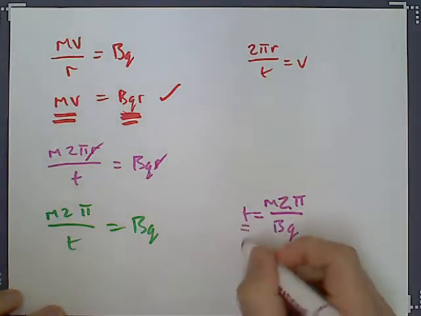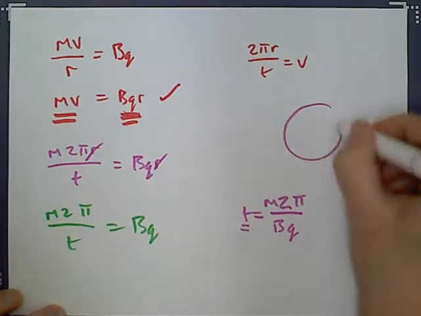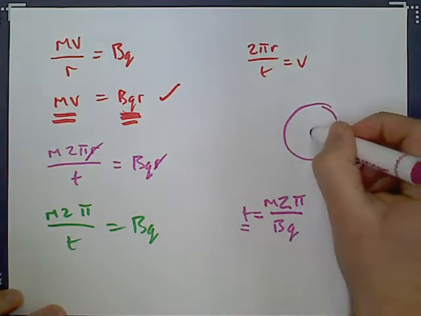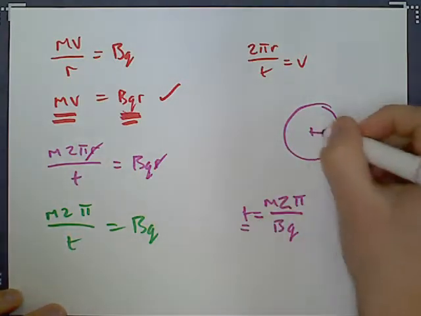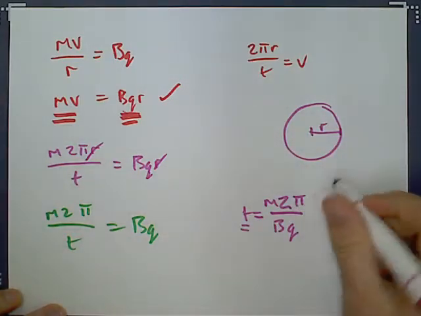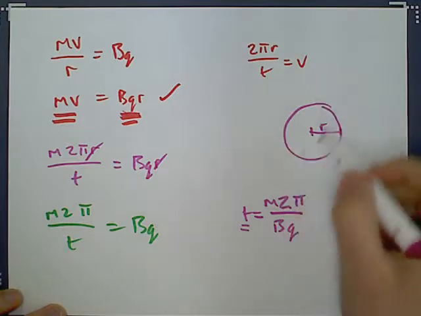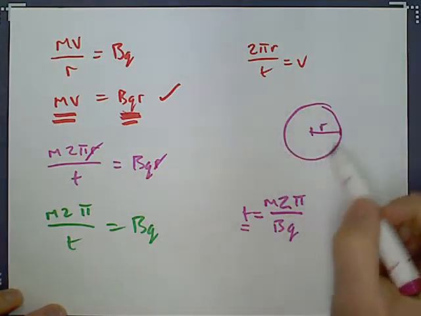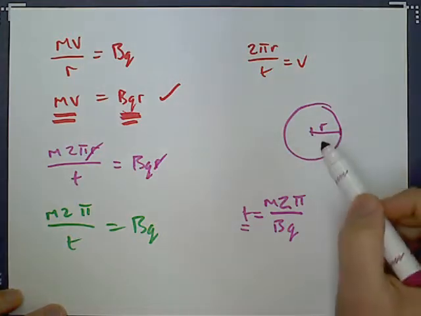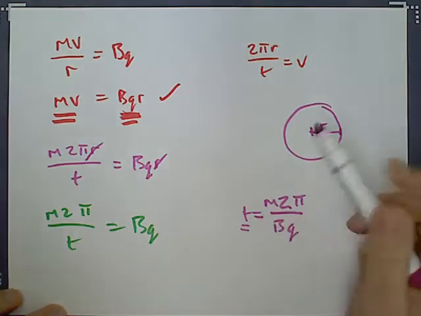This is the time. So the time it takes to go in a full circle is independent of the radius. It's completely independent. The radius has absolutely no effect on how fast it takes to get round the circle, which basically means there's got to be something else that always changes when the radius changes to make sure that this time always stays the same.